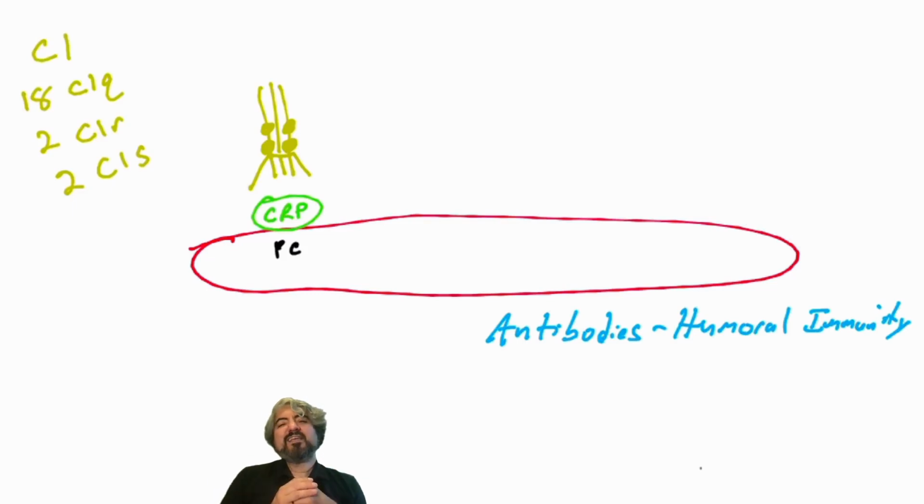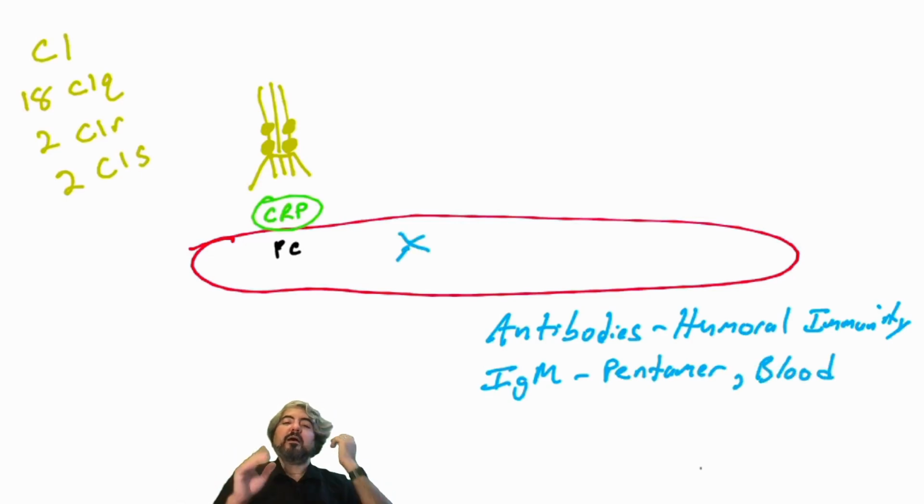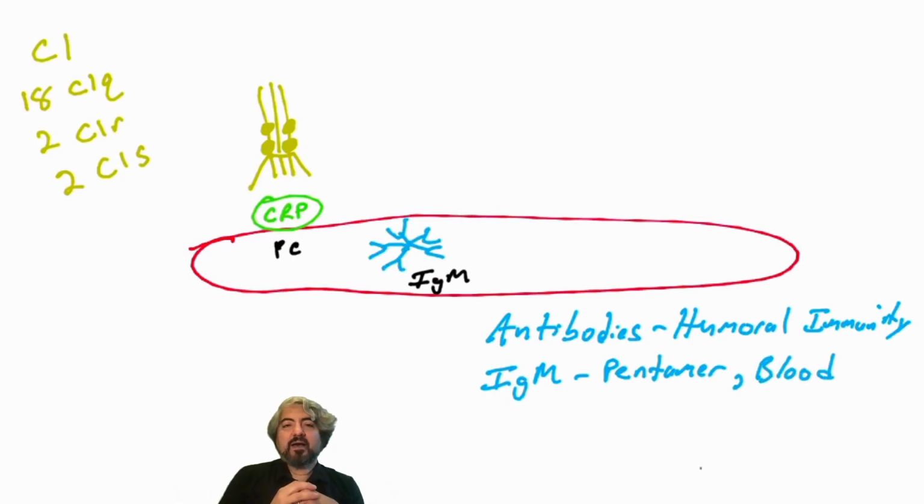We'll cover that in great detail in later videos on humoral immunity. But if the B cells in the body are able to make antibodies that recognize a pathogen, coating the pathogen with antibodies, specifically IgM and IgG subtypes, that can attract complement to a pathogen. So let's see that now.